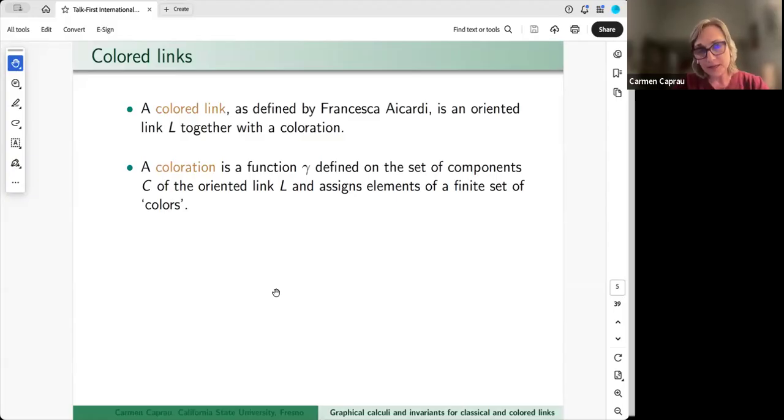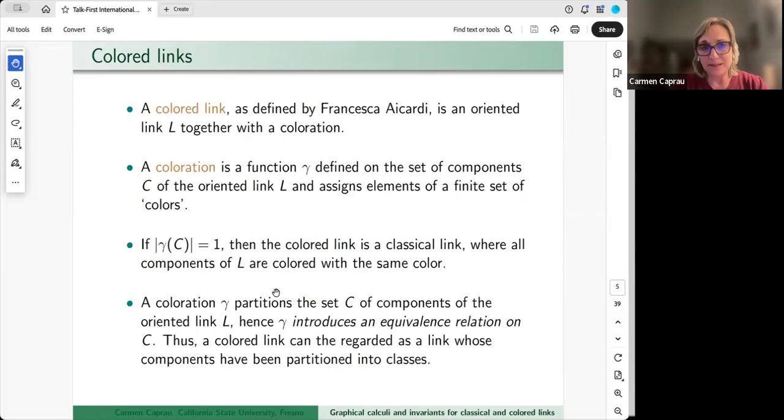They are oriented links together with a coloration. This coloration is a function assigned on the set of components of an oriented link, and the outputs are elements of a finite set. Those elements can be whatever you wish. Here, let's think about them as colors, or we call them colors.